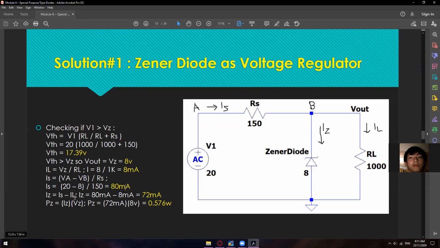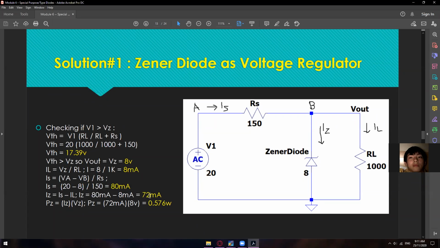So just by using IS equal to IZ plus IL, we arrive at this formula wherein IZ is equal to IS minus IL, wherein IS is 80 milliamps and IL is 8 milliamps. So just solve that one and you will get 72 milliamps.